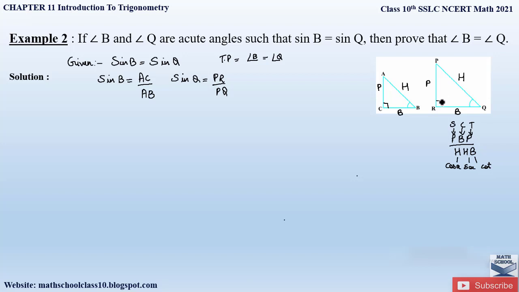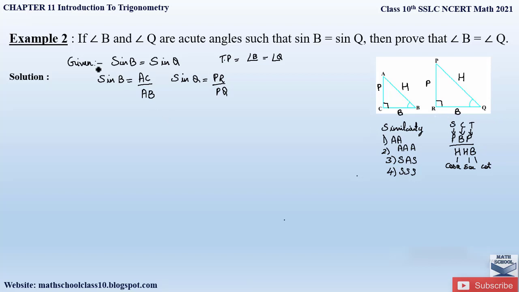So therefore the congruency criteria cannot be applied. So we are going to look into the similarity criteria, where we can prove the two triangles to be similar by angle-angle similarity criteria, or angle-angle-angle similarity criteria, or side-angle-side criteria, or side-side-side criteria. Right? So we will see which of the similarity criteria can be applied here.